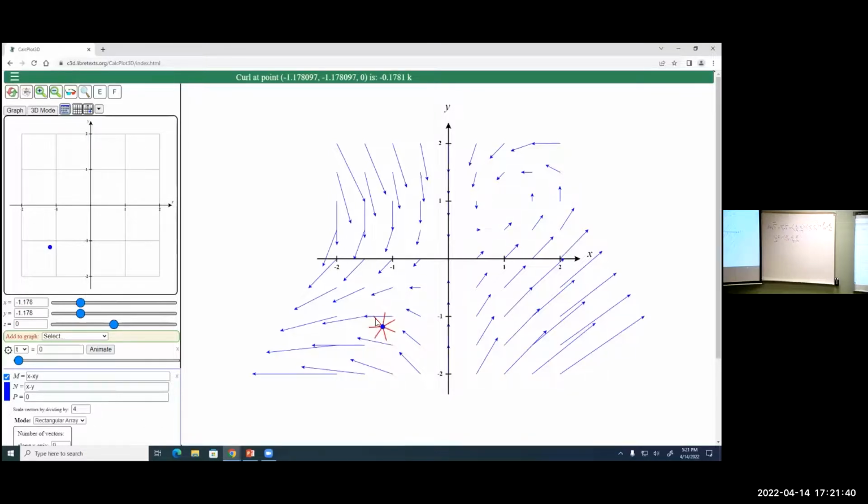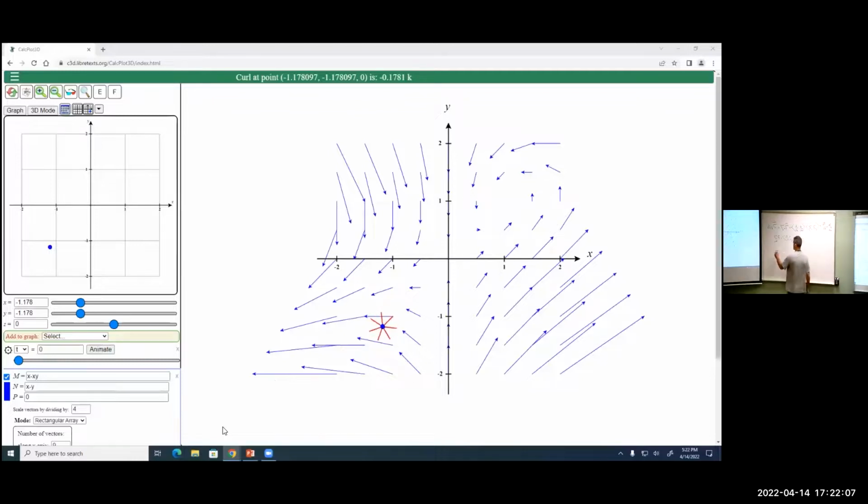So that's telling us the curl is negative in this case, because right now we're only looking at a 2D curl. This is something you guys can play around with for the vector field you're looking at. Now I just did the default one on here, but we can actually calculate the curl for this.